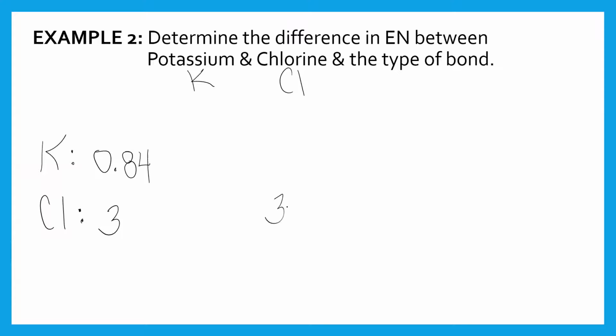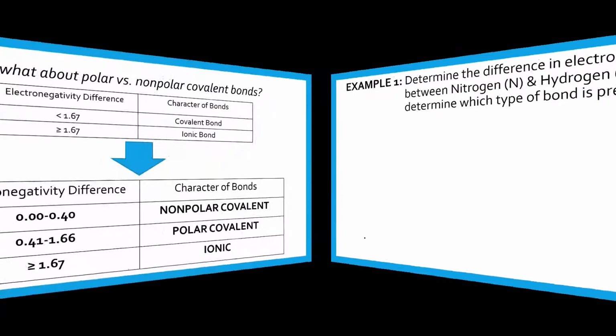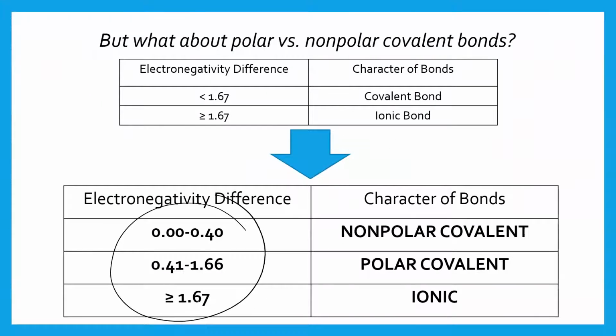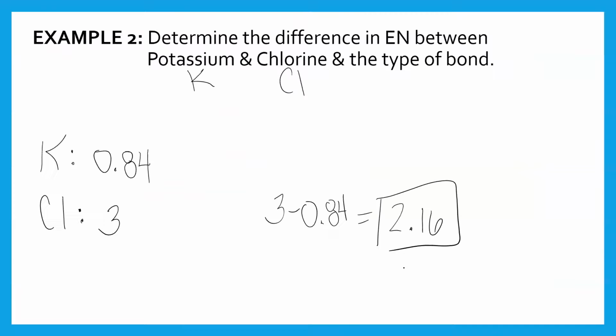So I take 3 minus 0.84. I get a value of 2.16. That is the difference in electronegativity. Then I'm going to refer back to this chart. If it's greater than 1.67, which it is, we have an ionic bond. So the difference is 2.16, and it is an ionic bond. I'm determining the difference in electronegativity and using that number to determine the bond type.